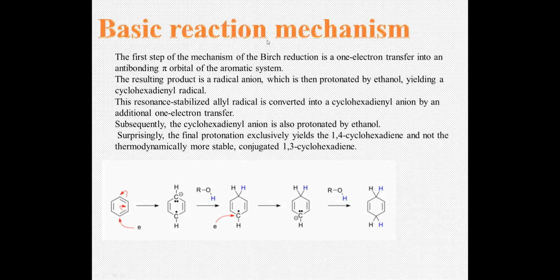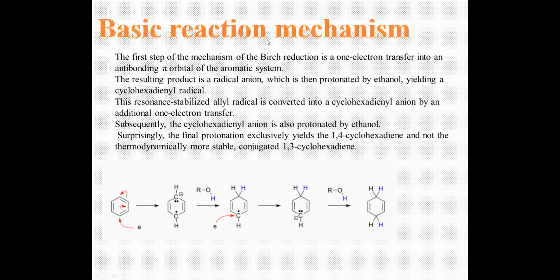So what is the next step? The radical anion which is formed gets protonated by your alcohol, that is ethanol, yielding a cyclohexadienyl radical. So if you see the next step, once the proton gets added in the blue, you get only a radical, so you get a cyclohexadienyl radical.